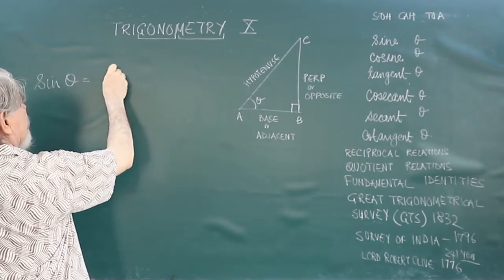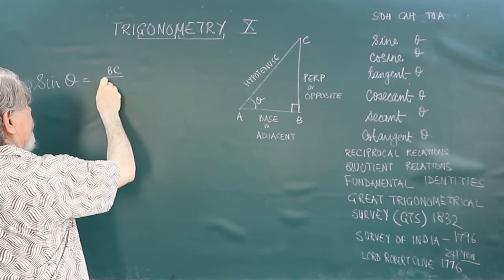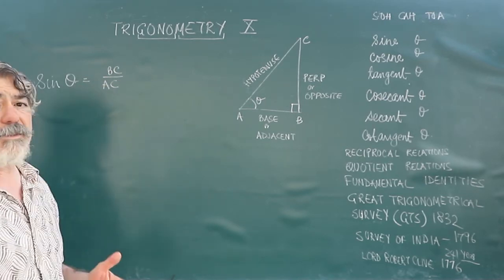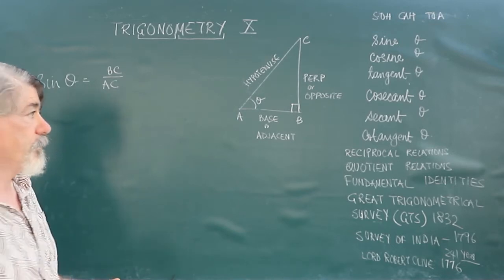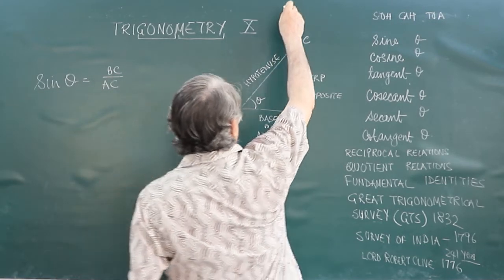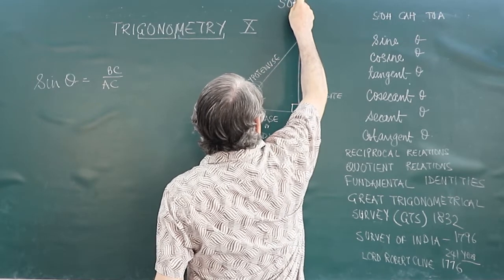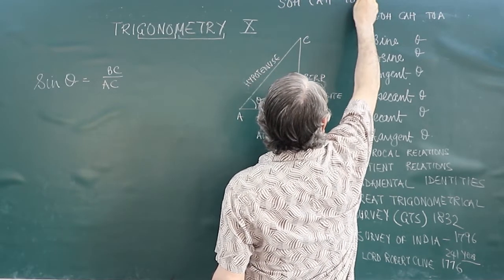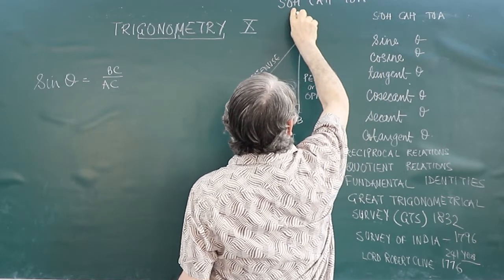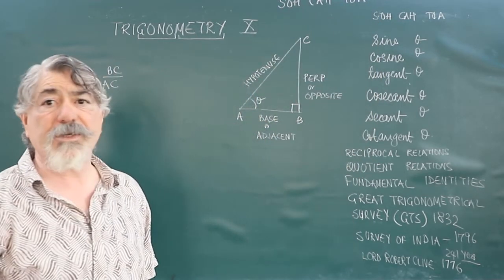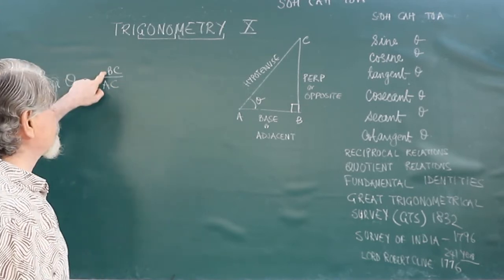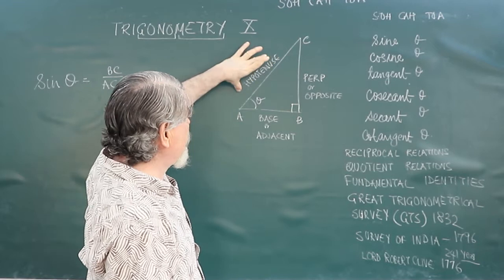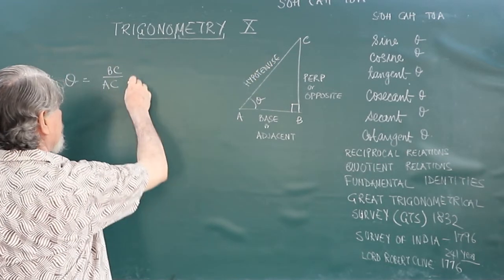So in this particular case it is BC upon AC, opposite upon hypotenuse. Again I'll write for your benefit, SOH CAH TOA. Sine is opposite upon hypotenuse. Opposite here is BC, hypotenuse is AC.